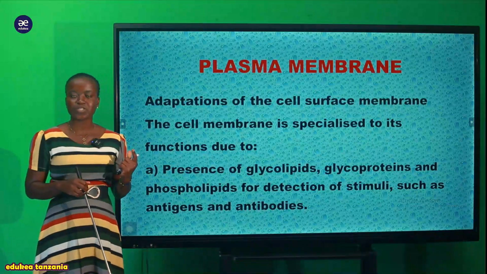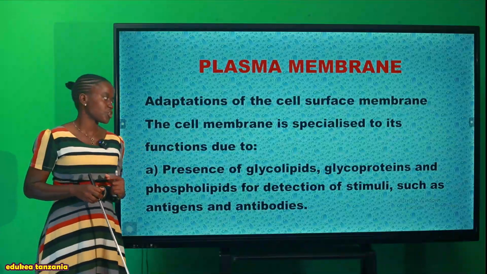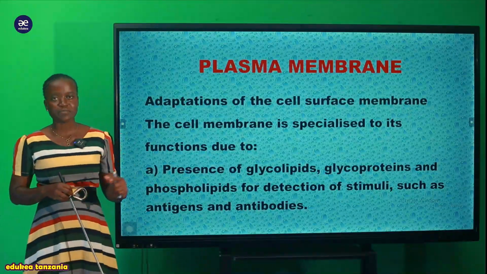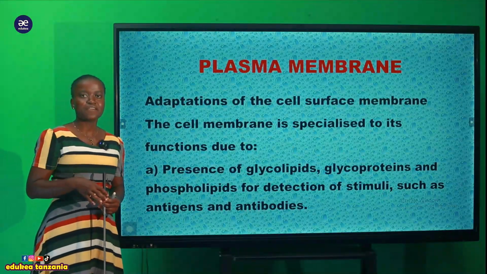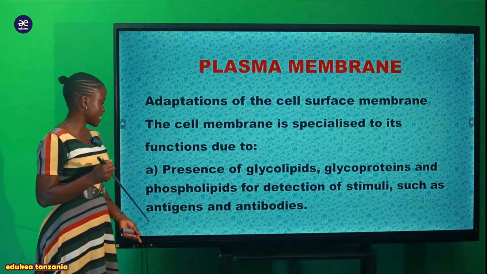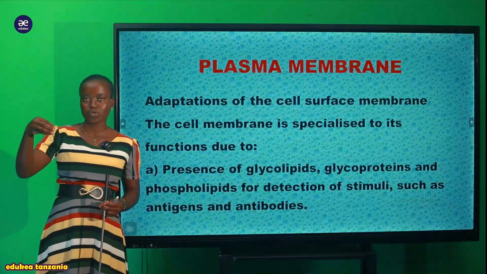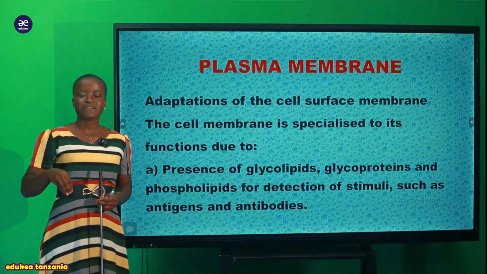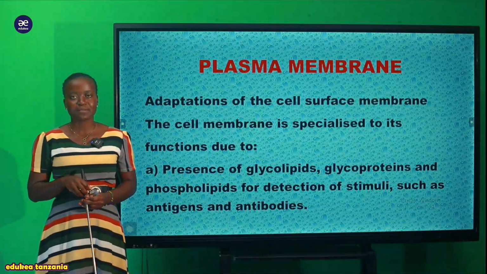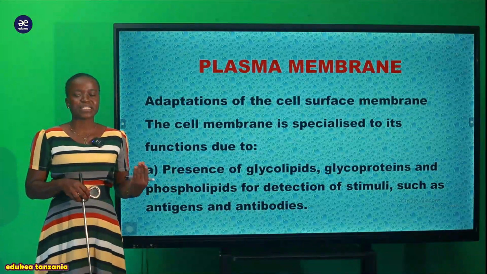All of these chemicals found within the cell surface membrane are there for detection of stimuli in the outside environment. They tend to detect stimuli such as antigens or antibodies when they come across or nearby the surface of the cell membrane. So the cell surface membrane will detect it.